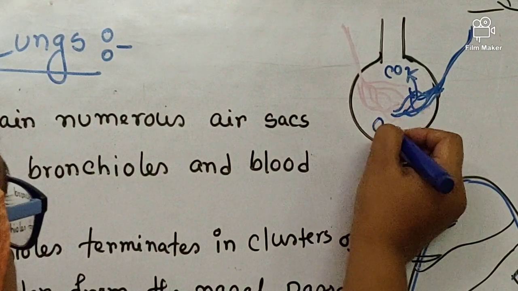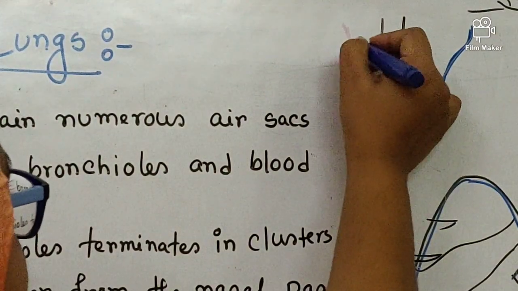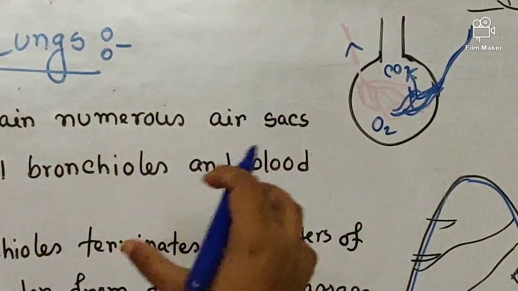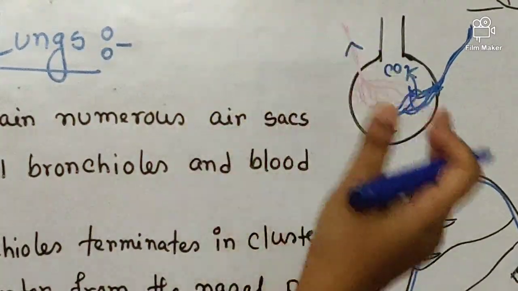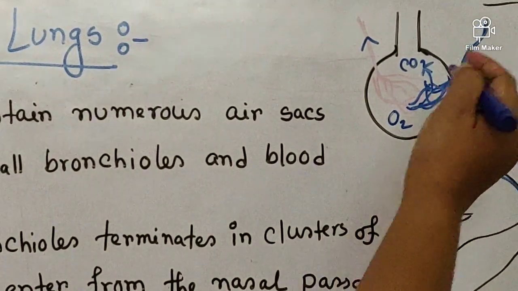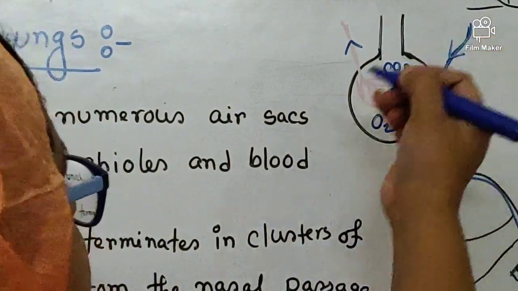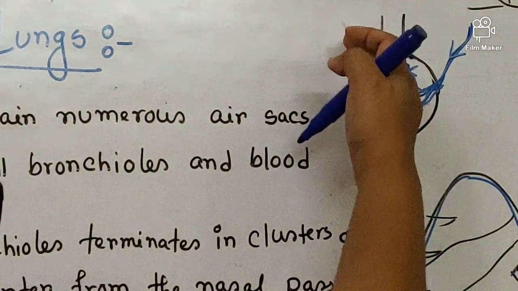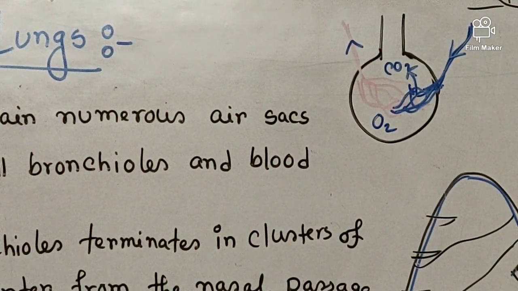They will collect the oxygen and they will go in this direction. Actually, thus the gaseous exchange between the alveolus and the capillaries takes place. So the blue color indicates the carbon dioxide enriched blood, and the red color indicates the oxygen enriched blood.